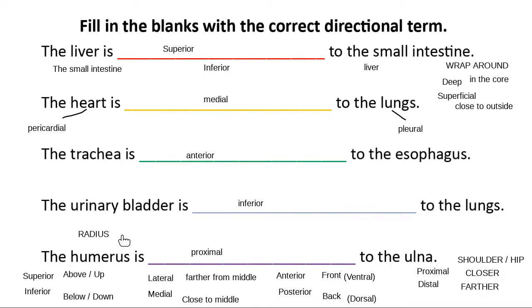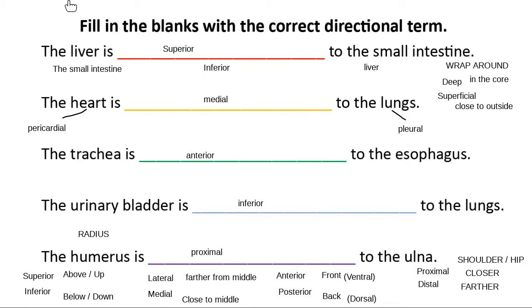So if I'm comparing the radius and the ulna, or if I'm comparing the tibia and the fibula, the directional terms I'm going to use are lateral and medial. So if my statement is the radius is blank to the ulna, is the radius lateral or medial to the ulna?